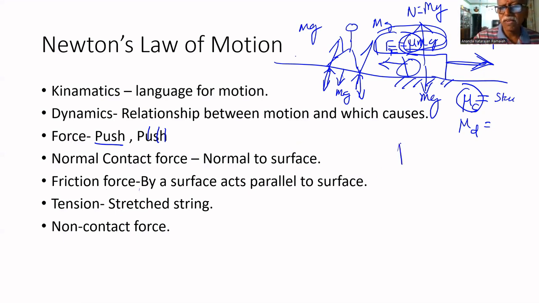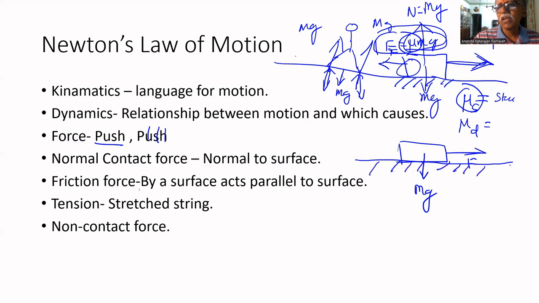So, what are the forces acting on this mass? We should know. This is the applied force, and because of weight, mg acts downwards. An equal and opposite normal force acts upward, that is N equal to mg.